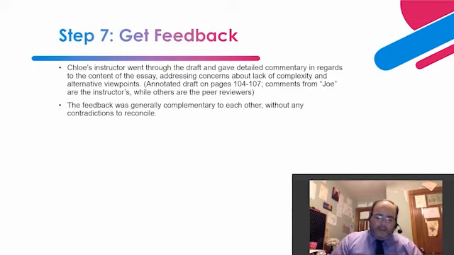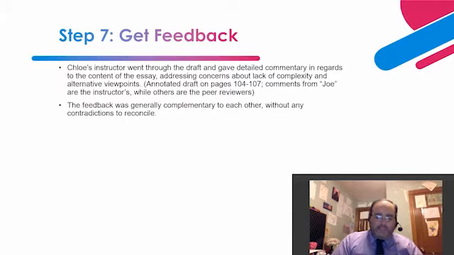If you want to look at how feedback works, which is going to be helpful for you when you start doing your own workshopping, there is an annotated draft on pages 104 through 107. It has comments from, let's see, 1, 2, 3, 4 different commenters giving her feedback.